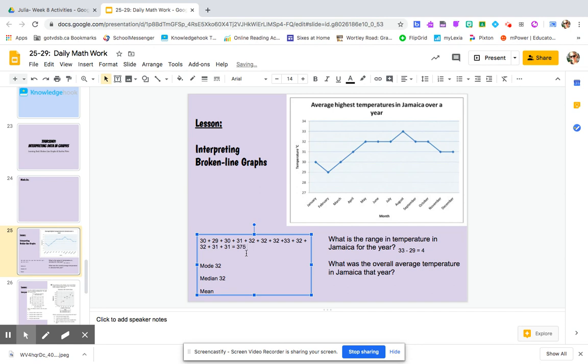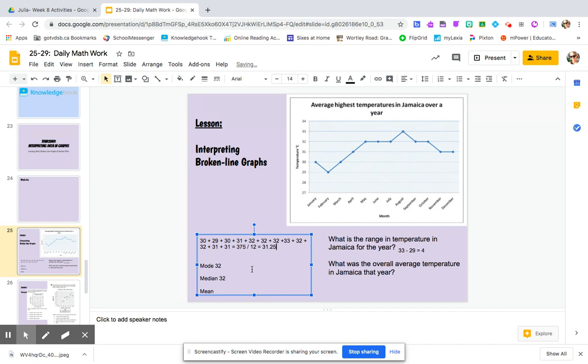Now, after I've done that, I need to divide it by how many pieces of data are in my data set, which is 12, one for each month. So divide that by 12, and I'm going to get an average temperature of 31.25.